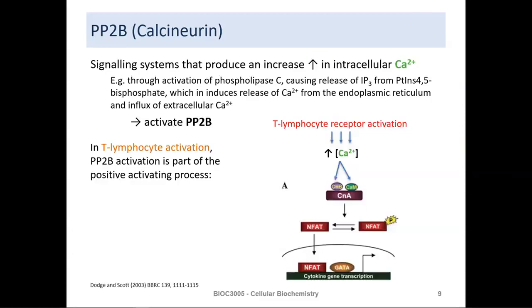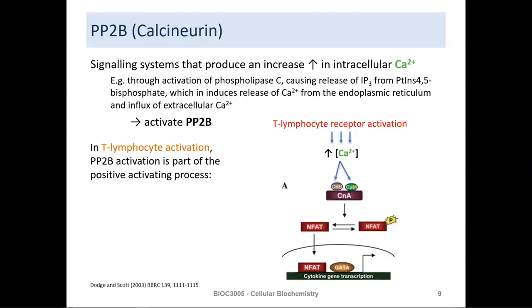We can have a look at an example of how PP2B is involved in signaling systems. In a signaling system that produces an increase in the intracellular calcium concentrations, this could be through activation of phospholipase C, which causes release of inositol triphosphate from the PtdIns 4,5 bisphosphate.